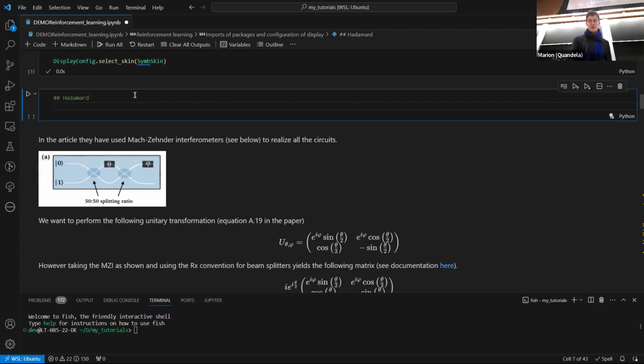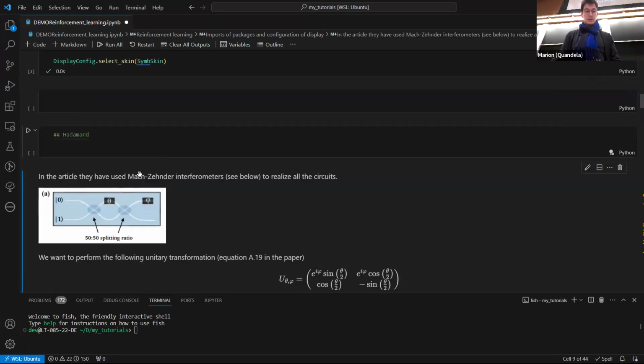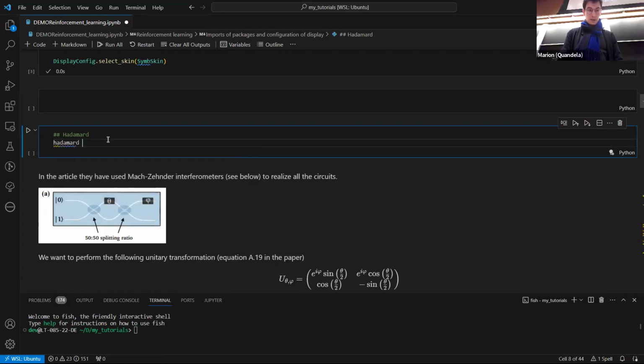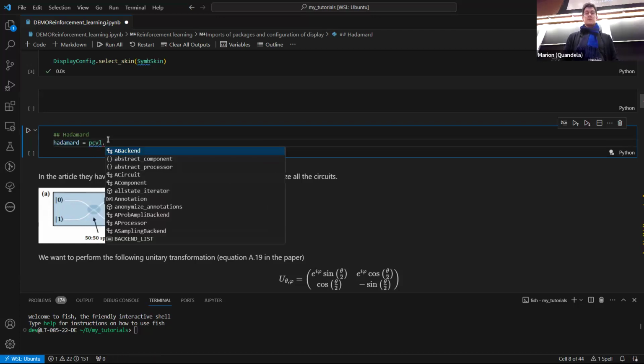And so basically what you see here is 50-50 beam splitters, which are almost like Hadamard gates. So what I'm going to do is to just define the Hadamard gate, which is just a beam splitter. So Perceval is what I'm using.